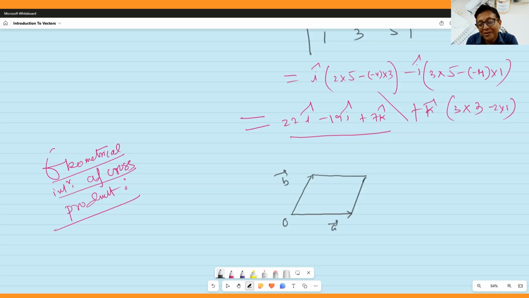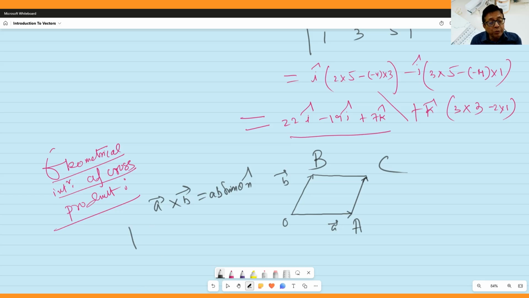Okay, this is being completed. O A B C. What does A cross B represent in this parallelogram? A cross B, I remind you here. A cross B, as you have seen, it is AB sin theta n cap. Isn't it?